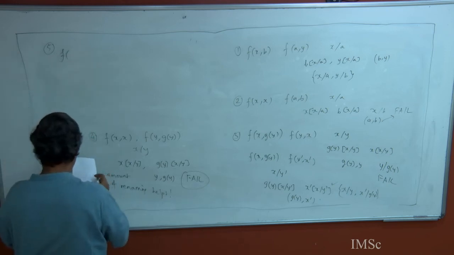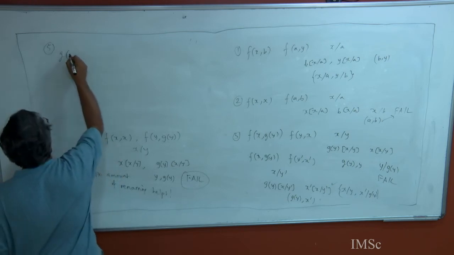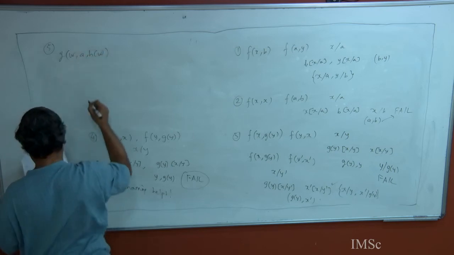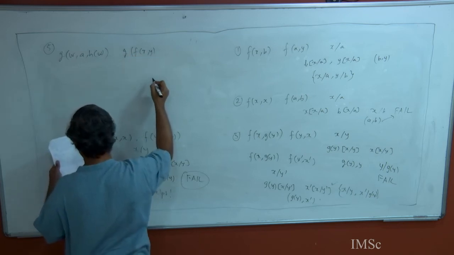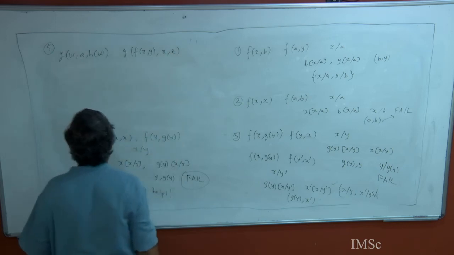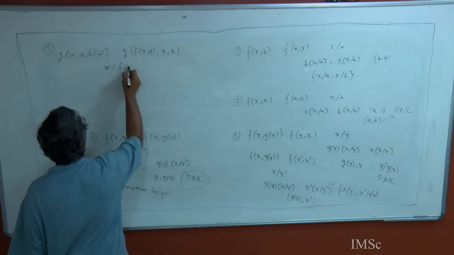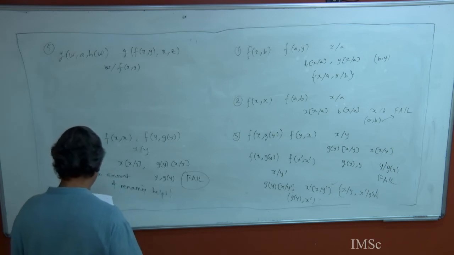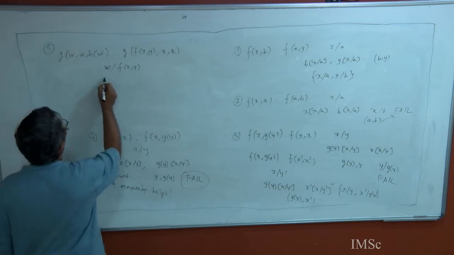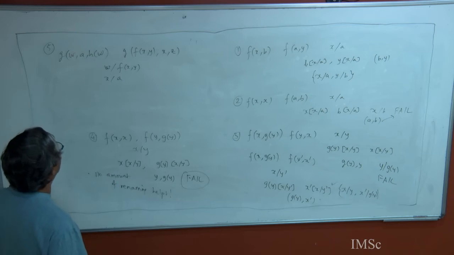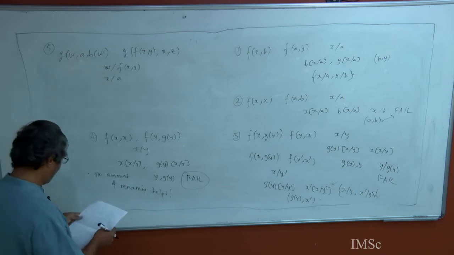F of, okay, G of W, A, H of W, with G of F of X Y, X, Z. So in the first step, you're going to get the substitution W with F of X Y, and using X and A, you will get X with A, because this substitution makes no difference here, and so you will get X with A.